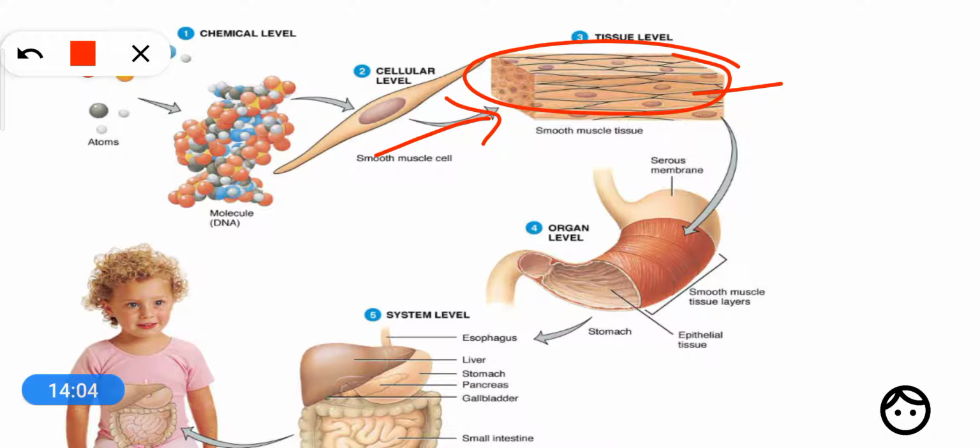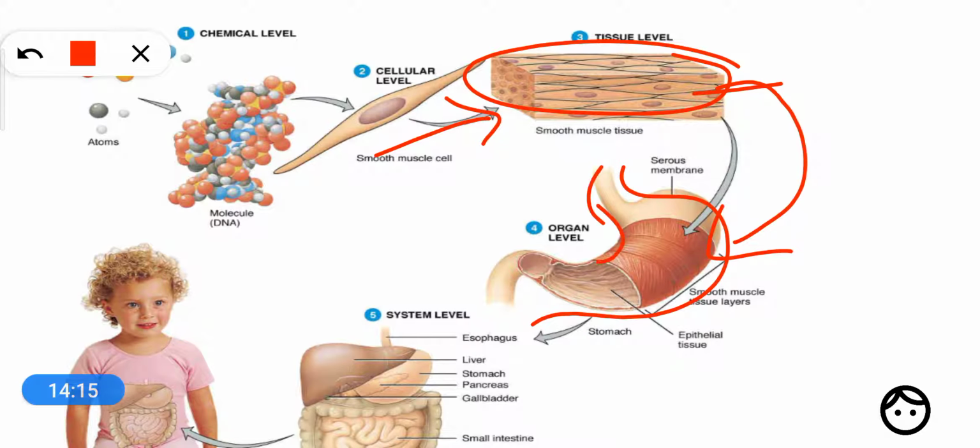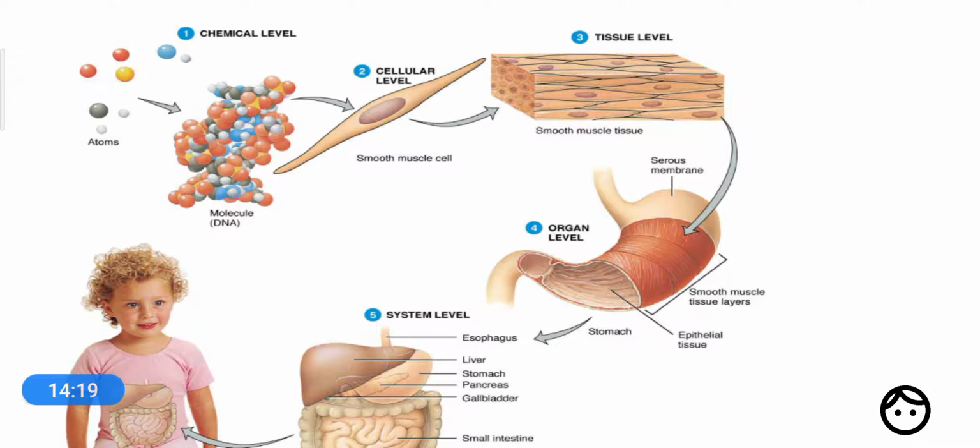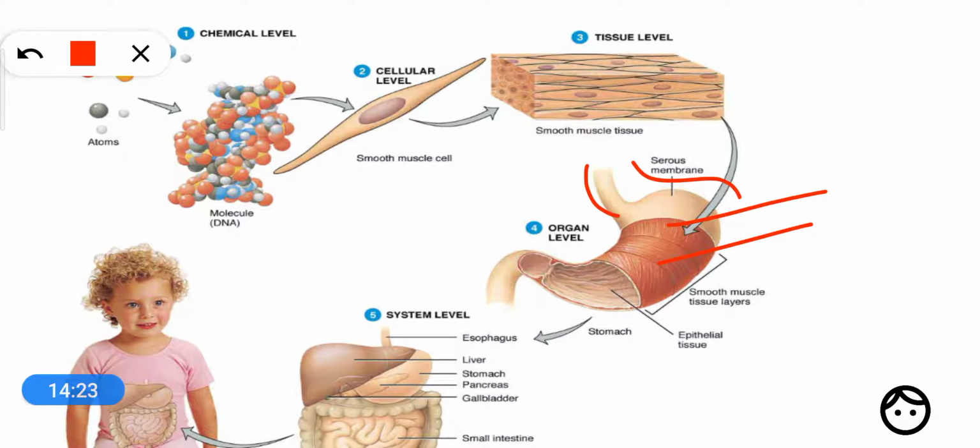Muscle tissue performs movement. Blood performs carrying of oxygen. Then multiple tissues combine together to make a particular structure, and that structure performs a particular function. For example, multiple tissues assembled in a group form a stomach. Now this stomach performs the function of storing and digesting the food. So this is an organ, right?